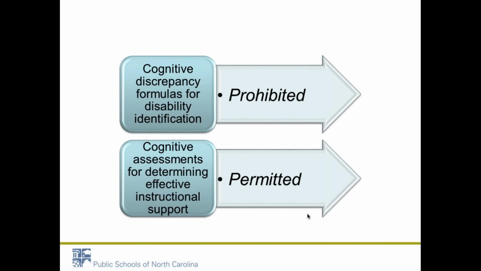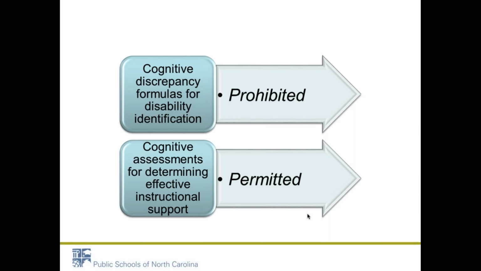In some cases, the existing data may not provide sufficient information regarding what we may need to know. For instance, we may need to know more about whether problems with memory are a contributing factor. We may need to know more about whether attending to auditory or visual information is a struggle for that student.